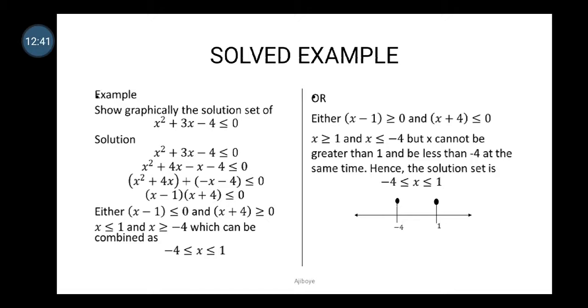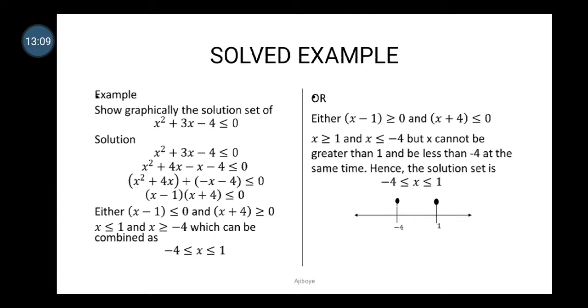Or the other case where x minus 1 is positive and x plus 4 is negative. So we have x minus 1 greater than 0 and x plus 4 less than 0. If we solve, x is greater than or equal to 1 and x is less than or equal to minus 4.